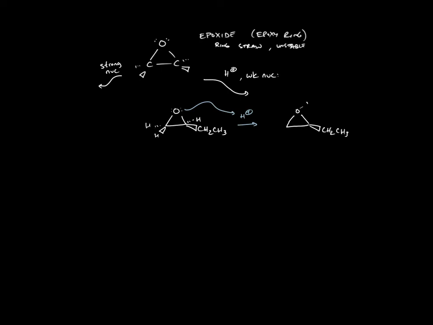So at that point, the oxygen would be protonated, it would have a plus charge, it would be a very good leaving group, and therefore the carbons would be electrophiles, and very important to this is that both of those guys would be electrophiles.